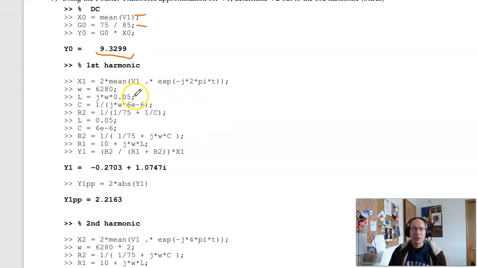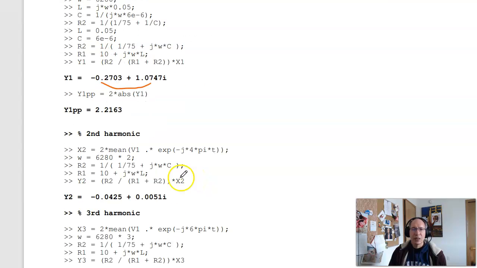First harmonic. Here's the frequency. Here's the inductor, the capacitor, the capacitor in parallel with the resistor. The voltage division gives you the output at 1 kilohertz. Second harmonic, the input at 2 kilohertz, the frequency, inductance, resistance, voltage division gives you Y2 at 2 kilohertz.